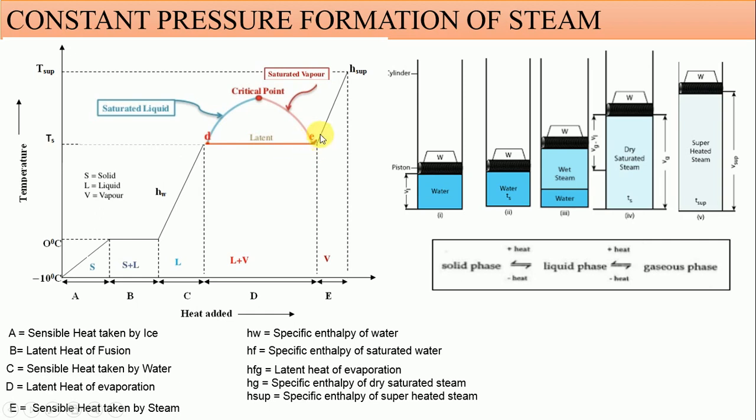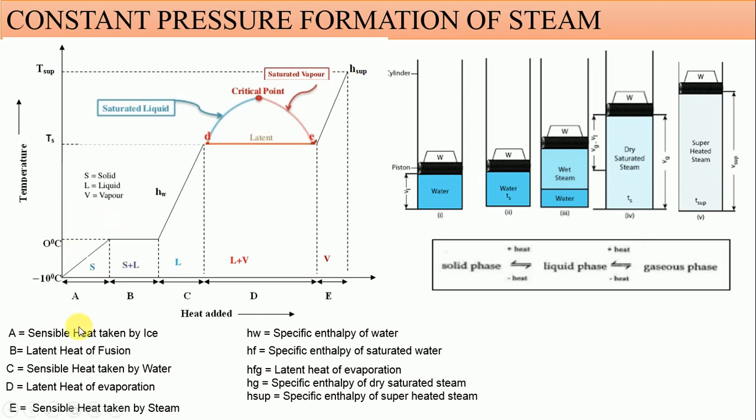Now there are no water particles present, but in between D and E some liquid as well as some vapors are present. So this is the latent heat of evaporation, and again on further heating, this is the sensible heat taken by the steam to get converted into the superheated steam.